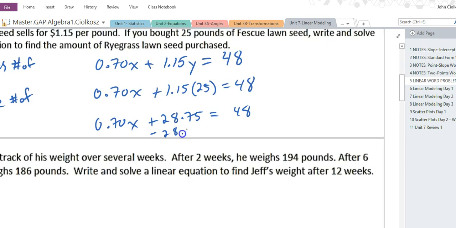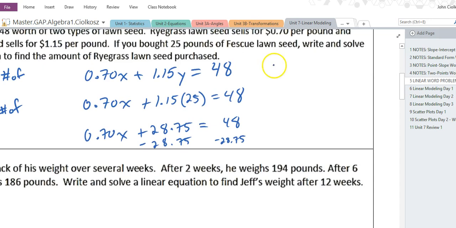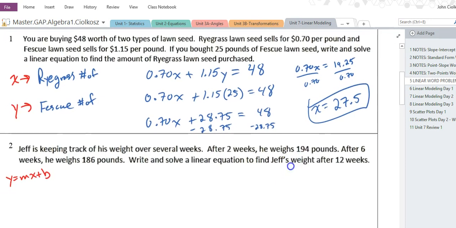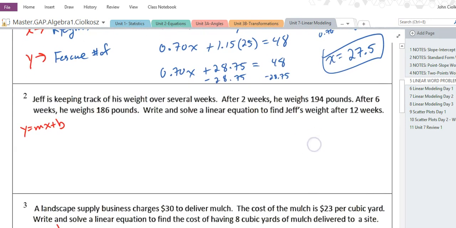Subtracting. And dividing. So we get 27.5. So that would be our answer there. So 27.5 pounds.